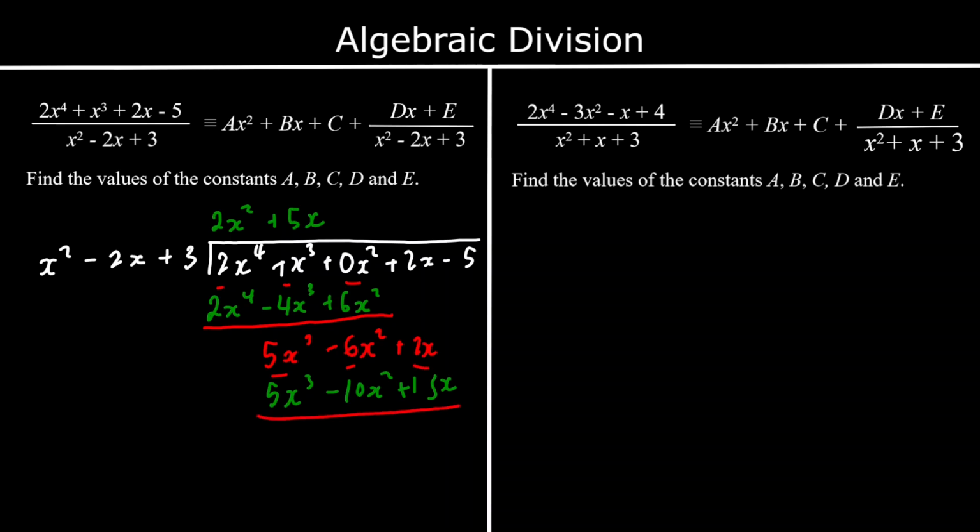So negative 6 plus 10 is 4. 4x squareds. 2 take away, I think that says 15. 2 take away 15 is negative 13x. Bring down the next one. And last go, so 4x squared divided by x squared is 4.